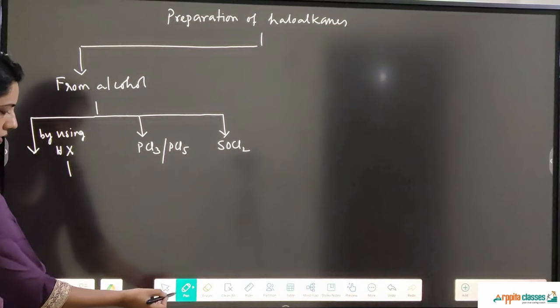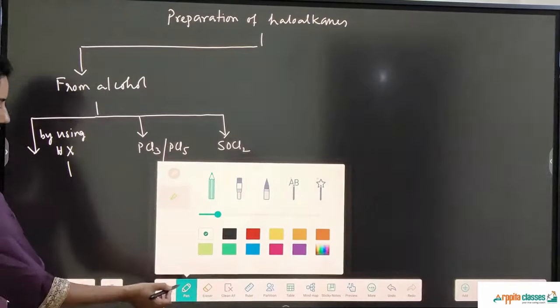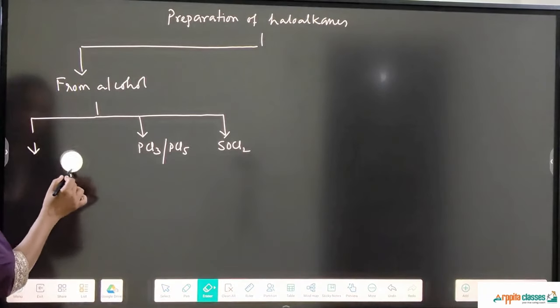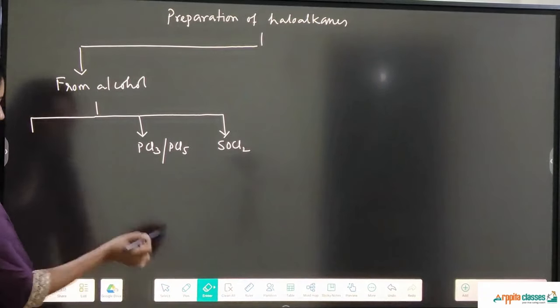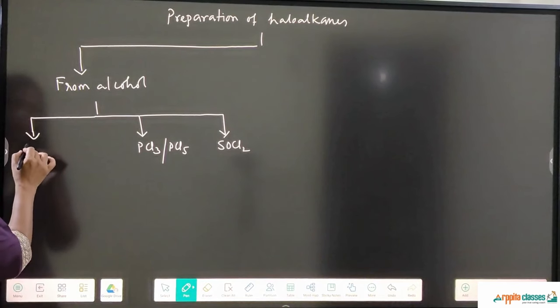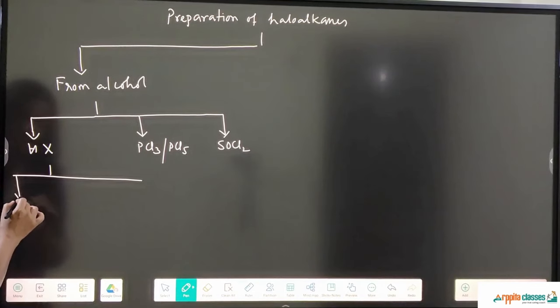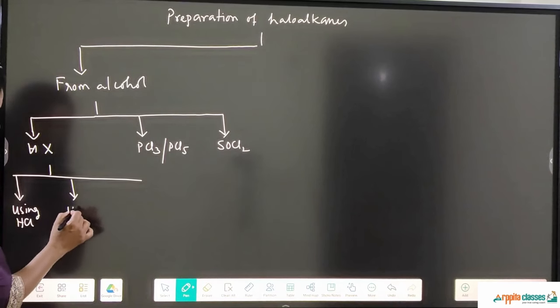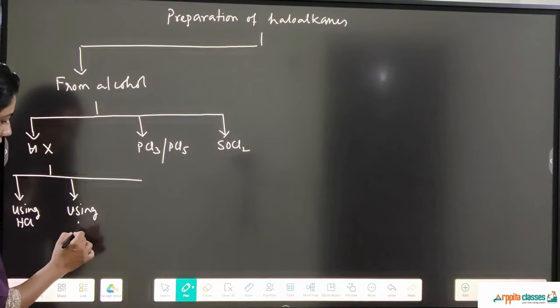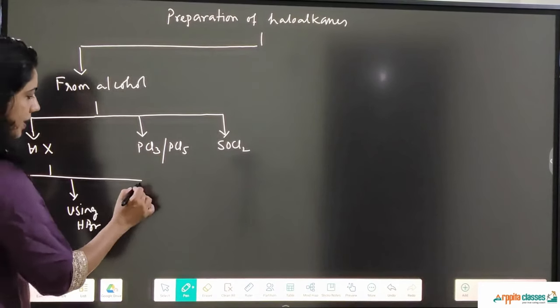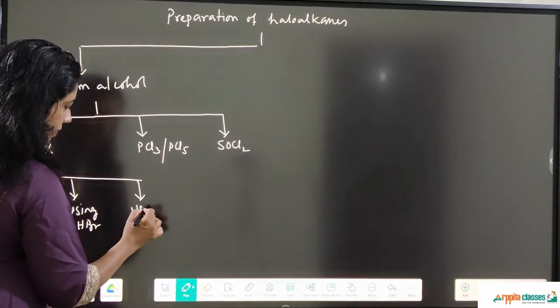Using HX, we have got three: using HCl for the preparation of chloroalkane, using HBr for the preparation of bromoalkane, and using HI for the preparation of iodoalkane.